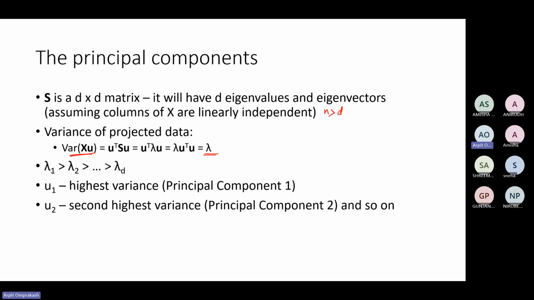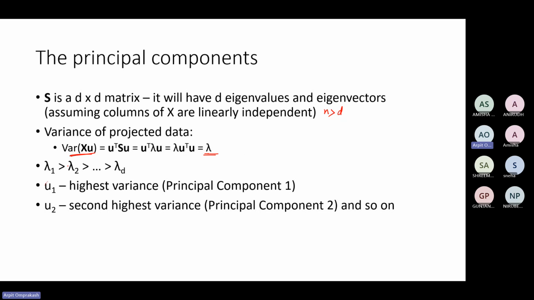Corresponding to lambda 1, the vector u1 is the eigenvector which will contain the highest variance, because lambda is the variance. So u1 explains the highest variance of the data, and u1 is called principal component 1.